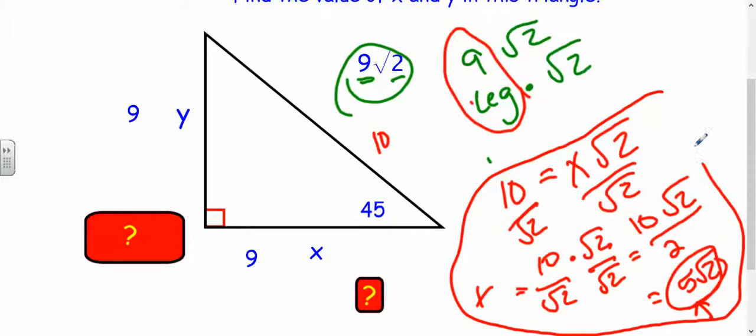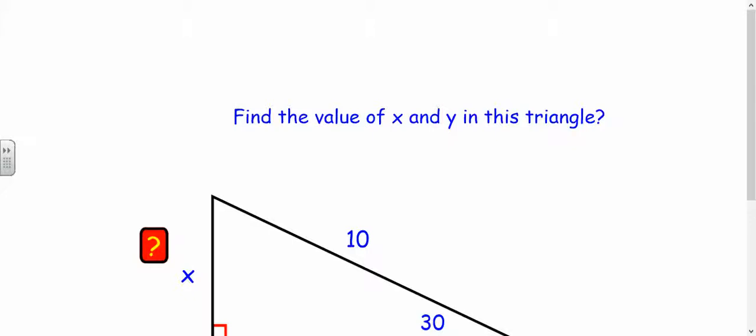If your hypotenuse is not given to you in the form of 9 square root of 2, you have to set that equal to x square root of 2 in order to solve for x. That may be one we do in class, but a question on the quiz could be, what do you need to set the hypotenuse equal to in order to solve if the hypotenuse was 10? So think about that.